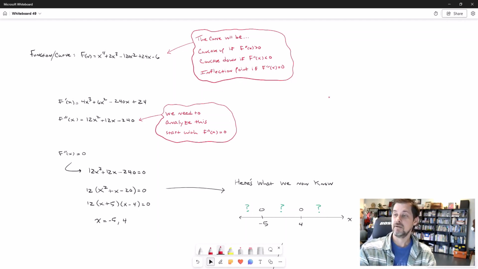To make a quick sketch, I'm not saying that this is what this function looks like. I'm just giving this as an example. There's a curve, and in here it's concave down, roughly right in here.